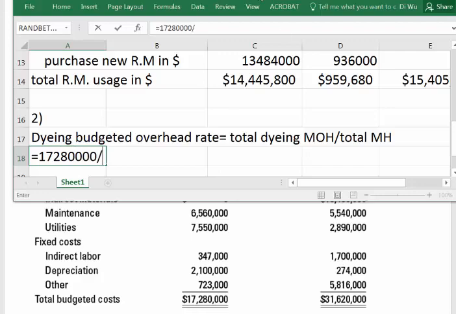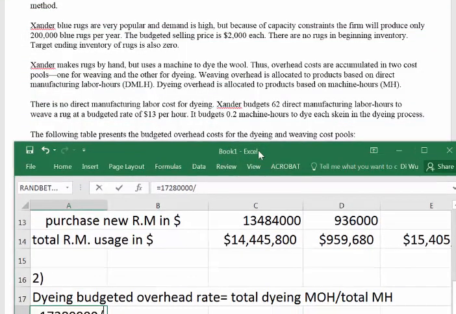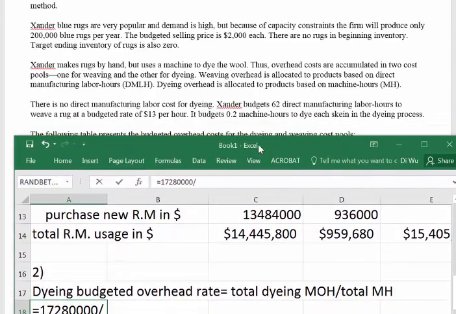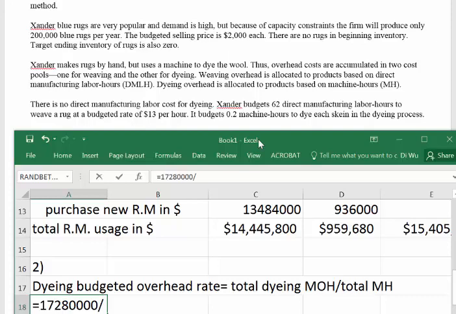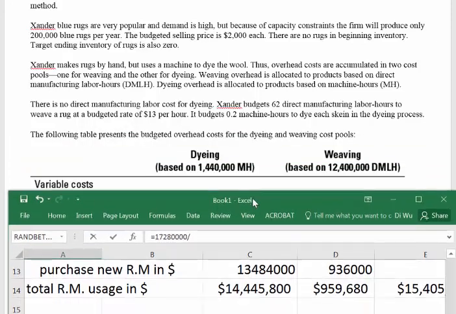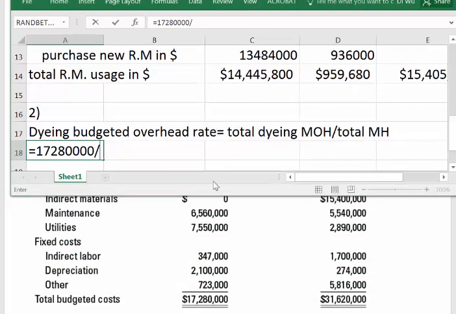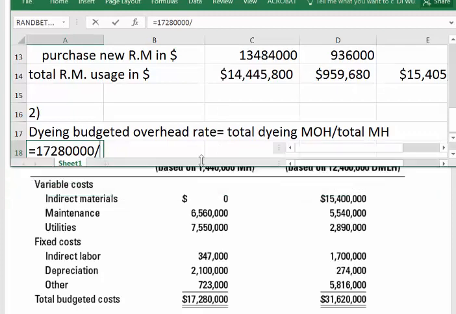Then divide this by the total machine hours. So the next question is how to find the machine hours. Machine hours is 1,440,000 machine hours. So we divide the dollar value by this number. Pretty easy to find all these numbers.